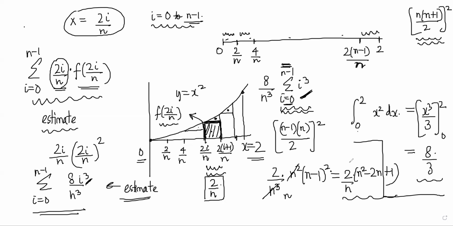After adding, the sum of the areas is coming out to be this, which is basically 2n. I feel like I made a mistake in some place. You have written one more i, sir. You said 2i by n, and the width is 2 by n. Oh yes, that is the mistake. The width is 2 by n, not 2i by n, right?